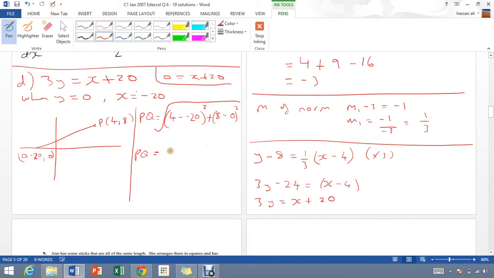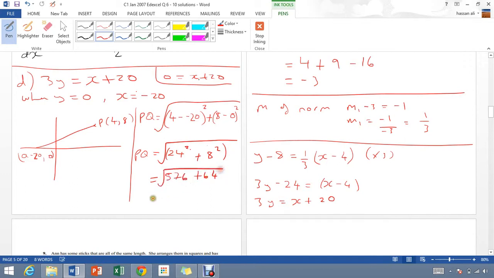So that will equal the square root of 24 squared plus 8 squared, which is the square root of 576 plus 64.